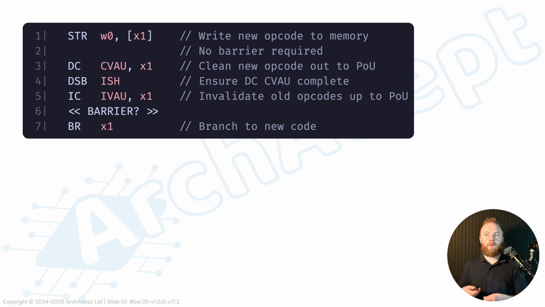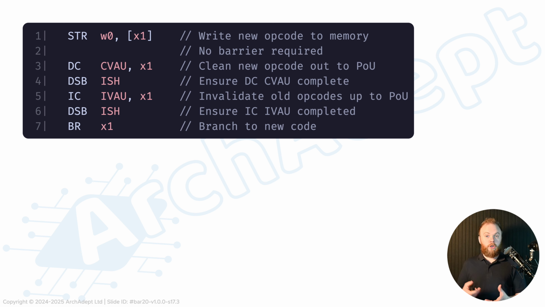The IC eval is an explicit I-side access, not an explicit D-side access, and the subsequent instruction fetch of the new opcode is an implicit I-side access, not an explicit D-side access. So, despite the IC eval and the subsequent instruction fetch being to the same address, there are no ordering requirements here. Meaning we'll need another any scope DSB to ensure that the instruction cache invalidate is completed before we actually branch to the location of the new opcode.